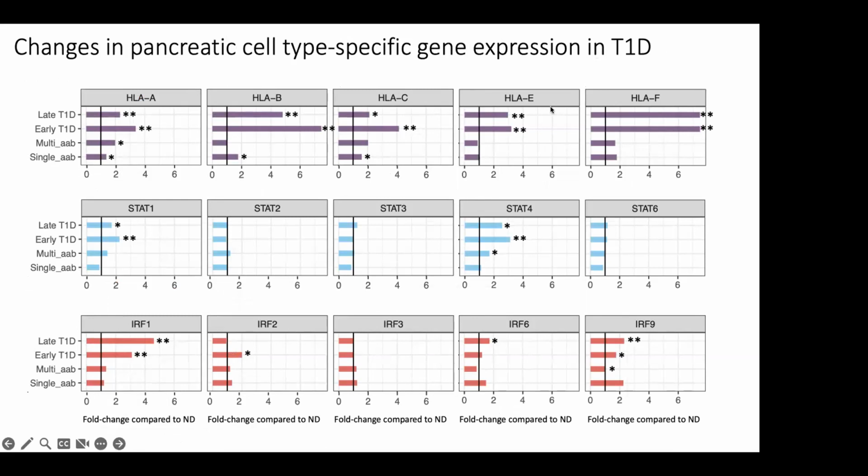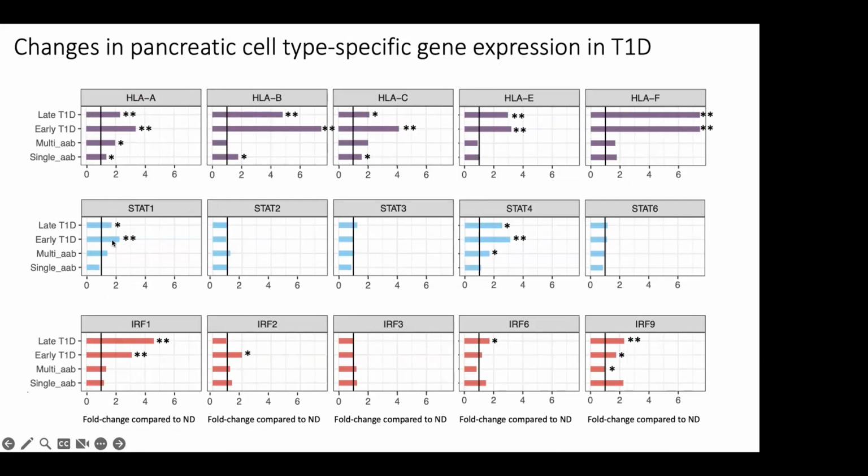So class 1 MHC genes are strongly upregulated in recent onset T1D, but some are also upregulated in earlier stages. STAT and IRF, so we see some family members of STAT and IRF that are upregulated. Notably, STAT4 is significantly upregulated in both recent onset T1D as well as multiple autoantibody positive individuals, IRF1 and perhaps STAT1 as well.